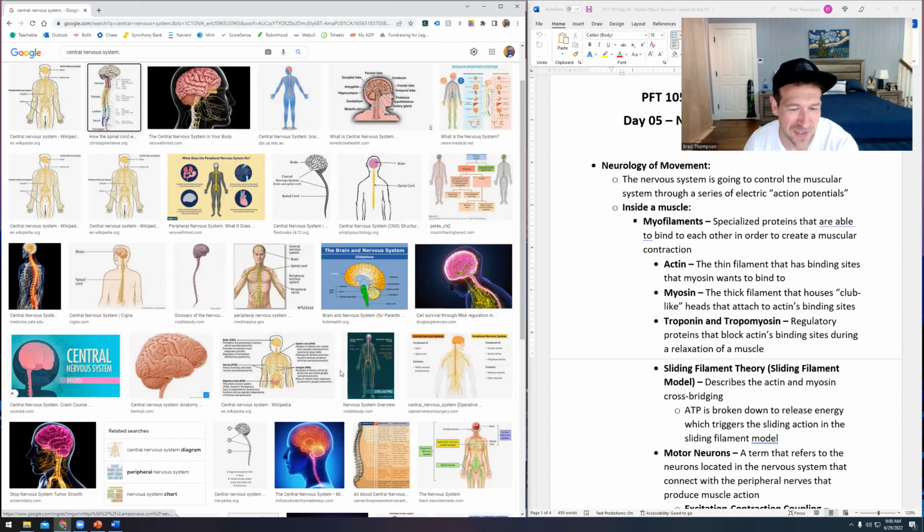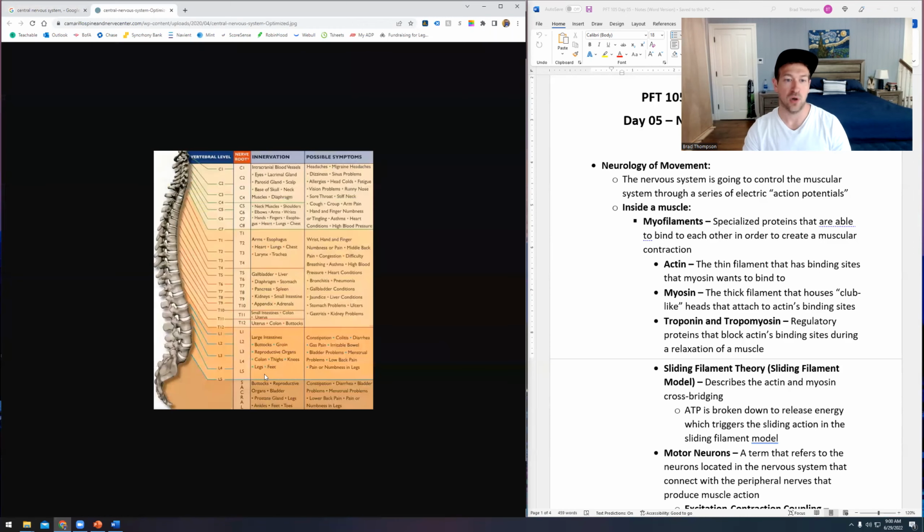So that's your central system, and they all control different parts of your body, right? So if you sever the connection up here, for instance in your neck, you could end up being what we call a quadriplegic, where you're paralyzed in both arms and both legs.